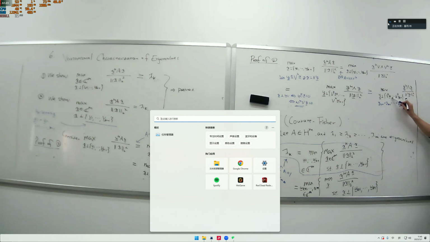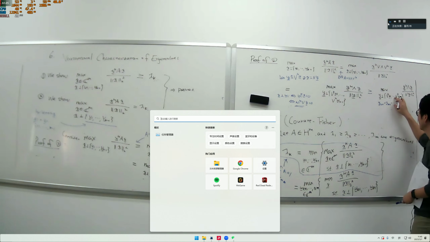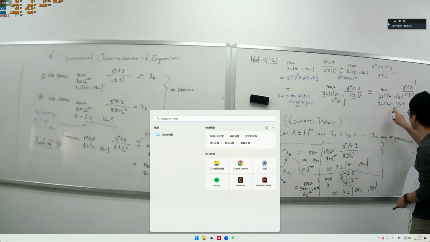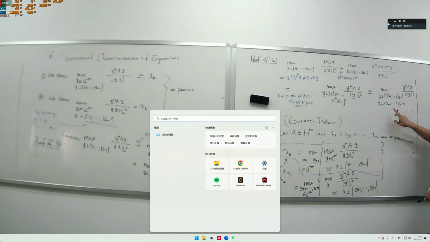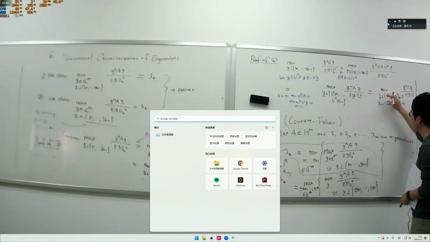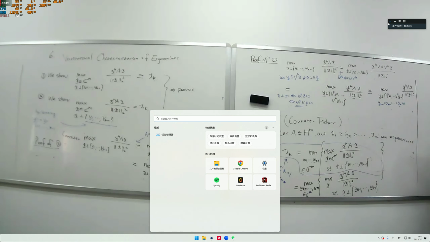You can check this. Because now you enforce the last n minus k entries of y to be 0, the inner product of y with any of these vectors only needs to consider the first k entries, because the last n minus k entries are 0.